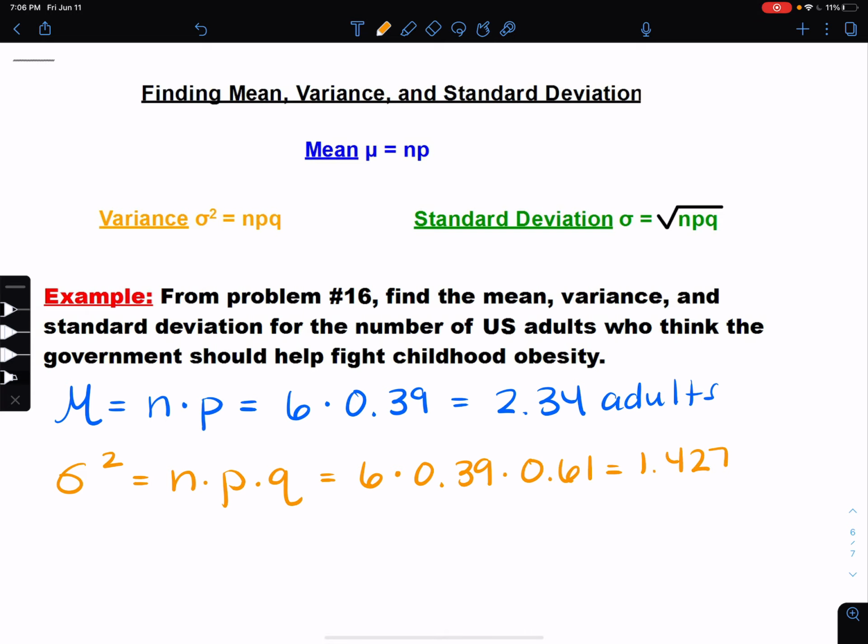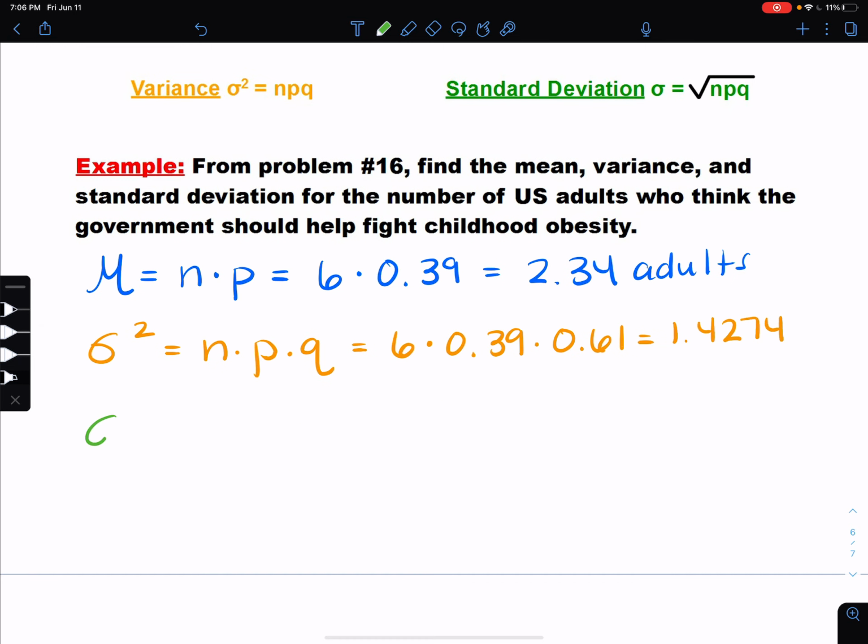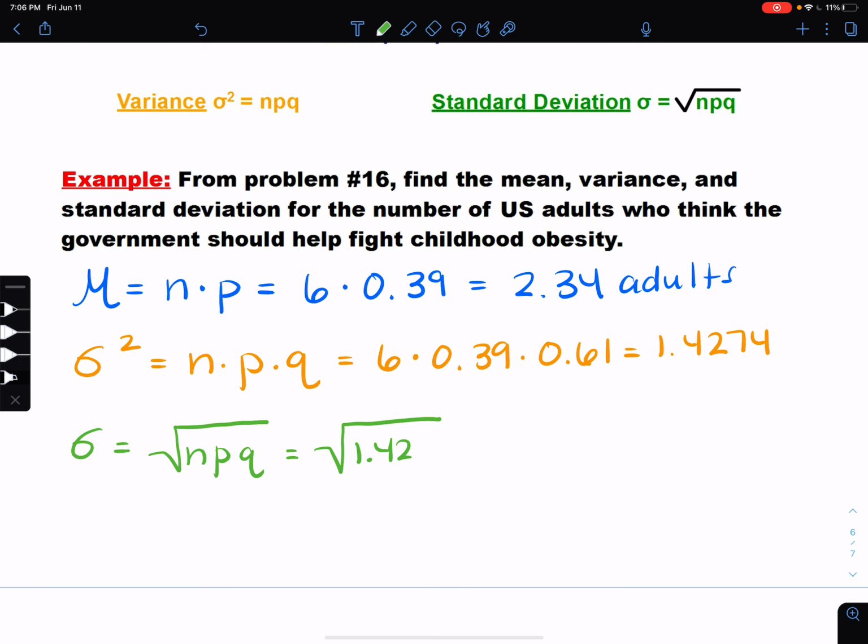Now remember, with variance, everything is squared, so I'm not going to put any units on that. But I'm going to use that to get my standard deviation. Standard deviation is just the square root of the variance. And this will tell me how much variation I should expect.